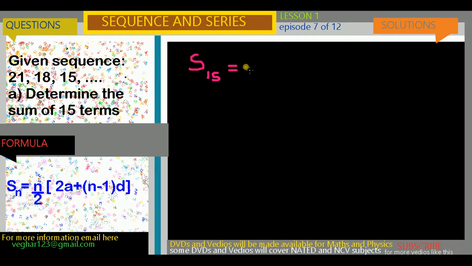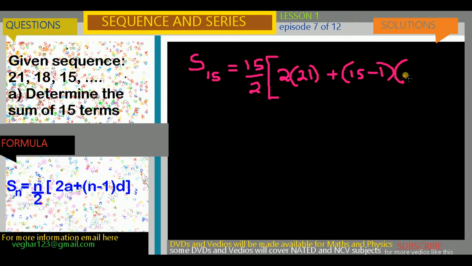And then it equals 15 divided by 2, and then 21 (times 2), and then plus n, which is 15, the number of terms, minus 1, then d, it's -3.